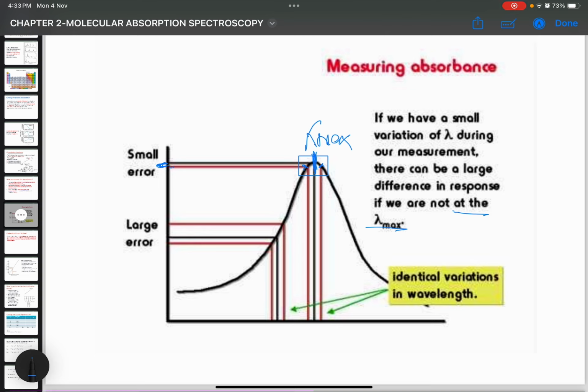But if you are not performing at lambda max, different concentrations will give a bigger difference. Lain kan? Ini besar sangat difference dia daripada the original value. So kalau kita perform not at the lambda max, kita punya error lebih besar lah.